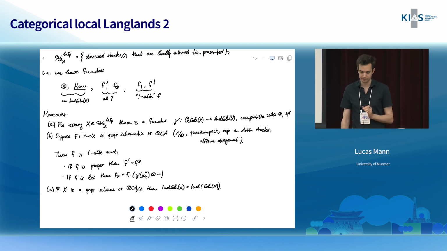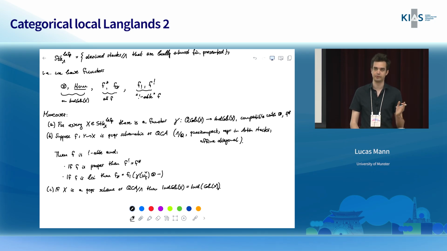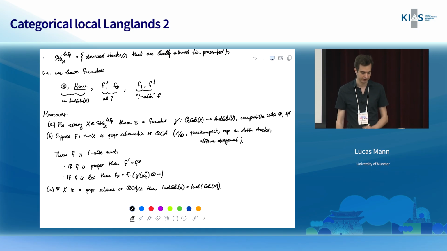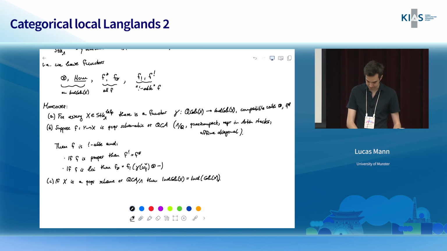So in particular, this theory doesn't work very well in characteristic l if you want to apply this to the L-parameter stack. But in characteristic 0, it works quite well. And that's all we need in this paper.